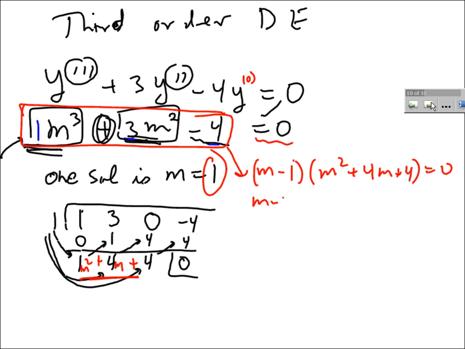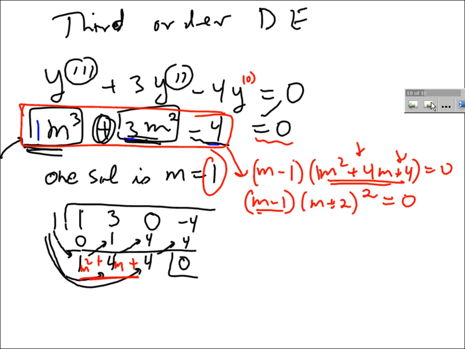So I have m minus 1, and I would love to factor that. Since there's a 1 understood in front of the m squared, I like two numbers that multiply to 4 and add up to 4. The two numbers are 2 and 2. So it's going to be m plus 2 times another m plus 2. That is m plus 2 squared.